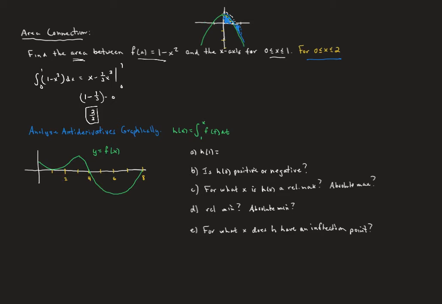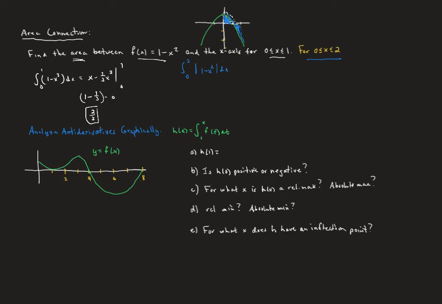If you have a graphing calculator, you could go from 0 to 2 and just plug in the absolute value of 1 minus x squared dx, and the calculator will give you that answer using FN integrate.